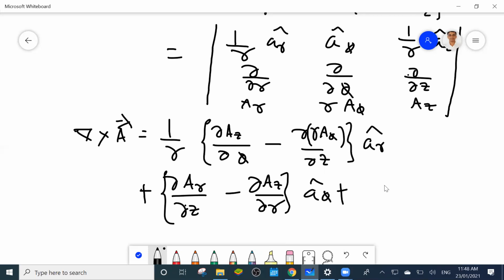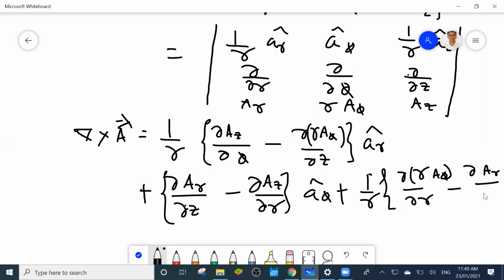And the last one, 1 by r into del (r A_phi) by del r minus del A_r by del phi, into z-cap.